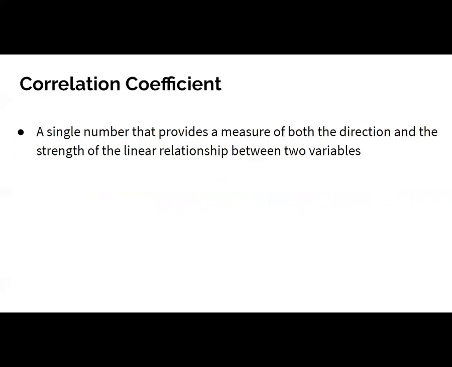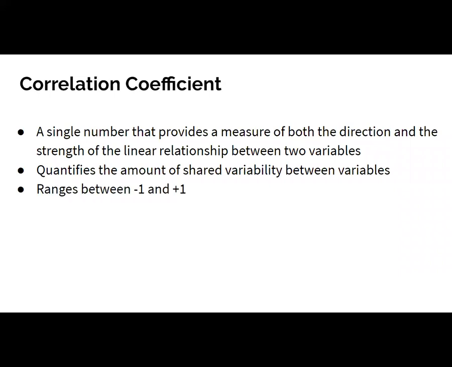What we're looking for is the correlation coefficient, and that's a single number. It provides a measure of both the direction and the strength of the correlation. It ranges between -1 and 1. If it's below 0, then that's a negative correlation, meaning one goes up, the other goes down.